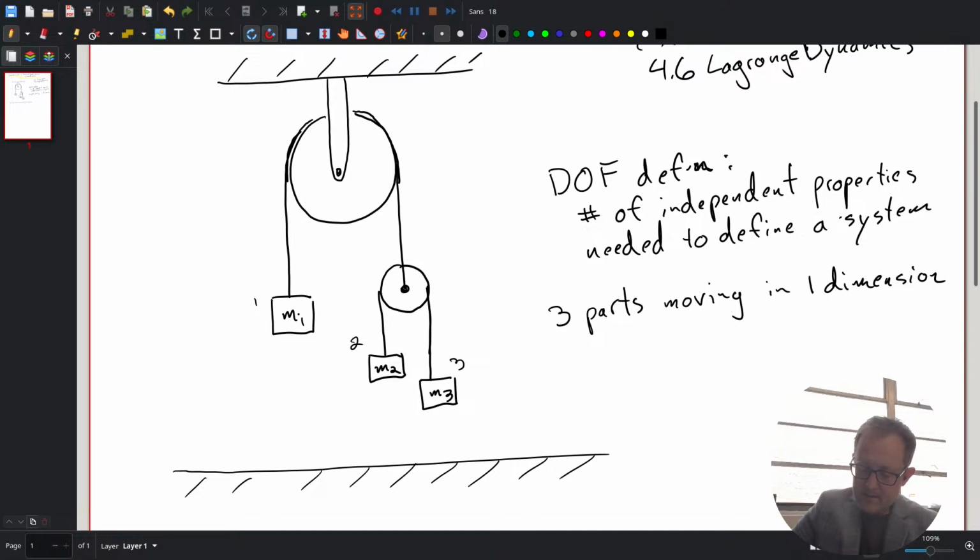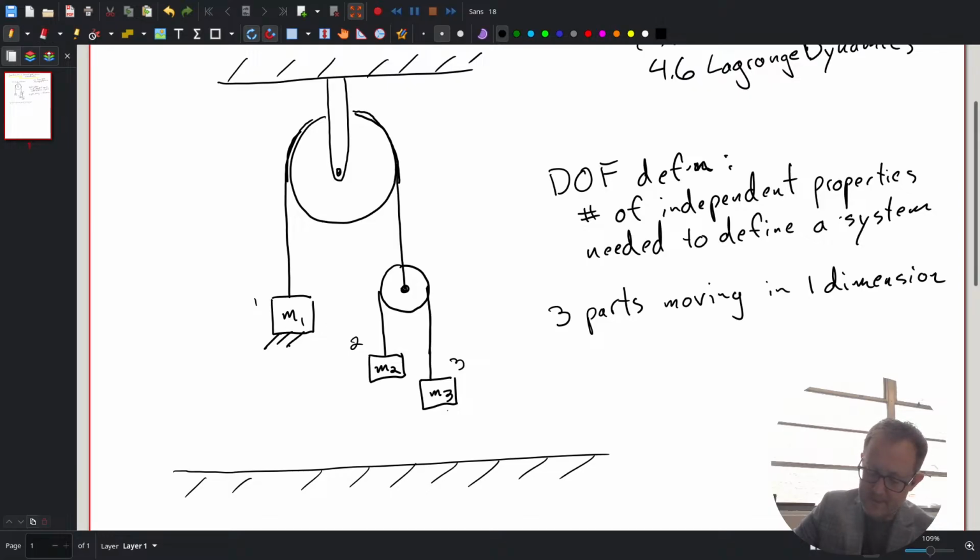So let's say I take M1 and I pull it down, what happens to M2 and M3? Well, M2 and M3 both have to move up, because this pulley moves up, so both of them are going to move up. Okay? So there's some connection there.